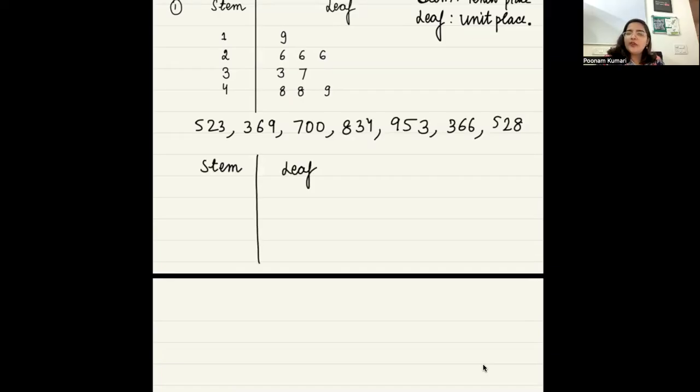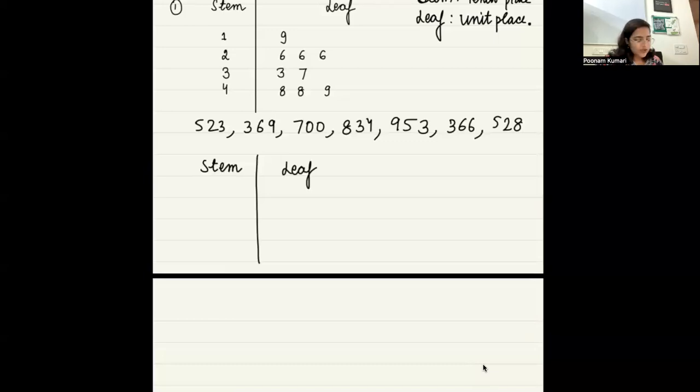So I can do the following. I can do it like this also. So here I see that, what are the numbers that I have? I have 5, I have 3, I have 7, and then I have 8, and then I have 9, and then I have 3, and then I have 5 again, right?